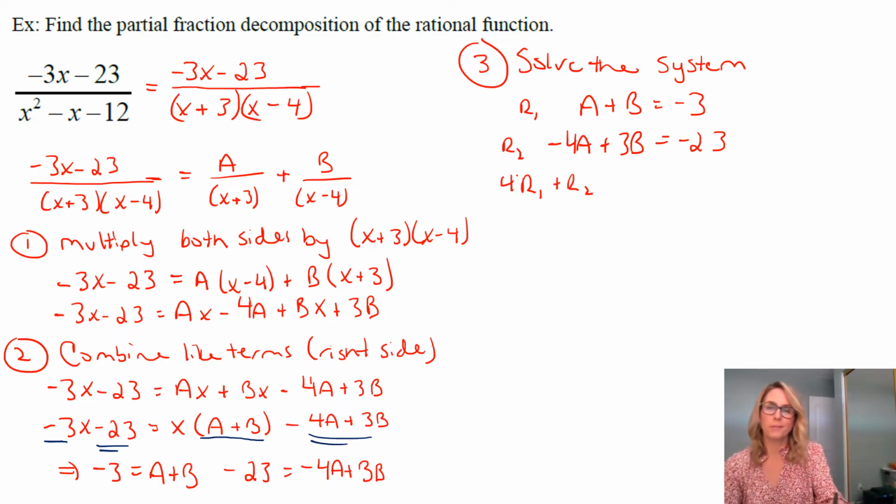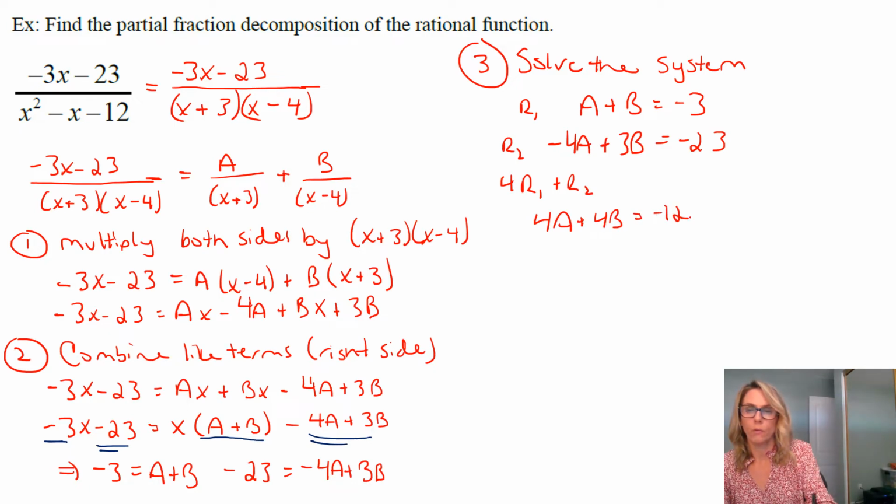You can be as specific as you want with this part, but that will give us 4a plus 4b equals negative 12, and then minus 4a plus 3b equals minus 23. So you can see that's going to give us 7b equals negative 35.